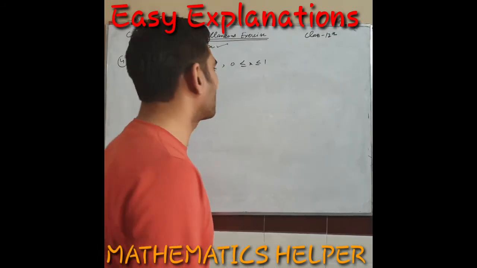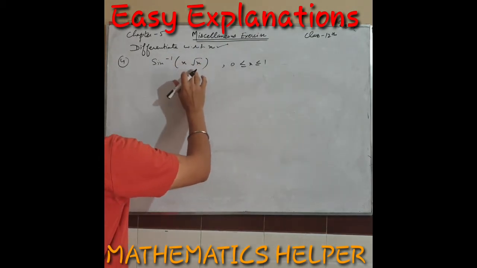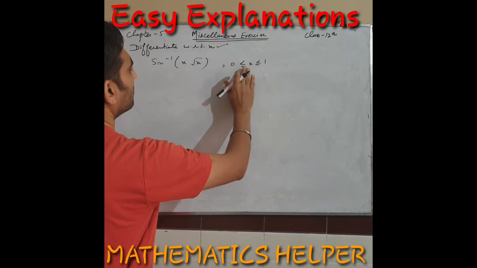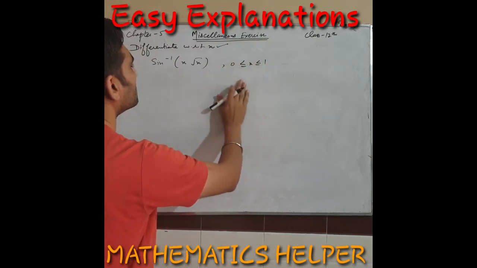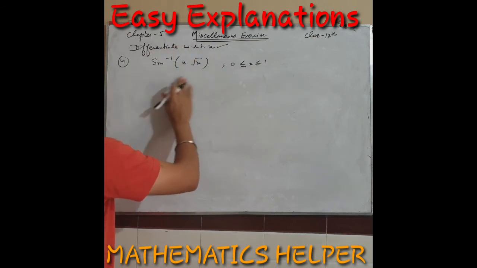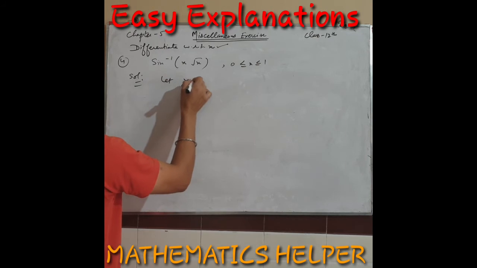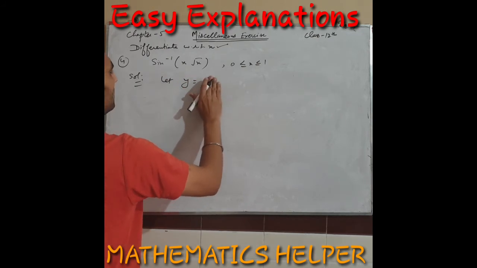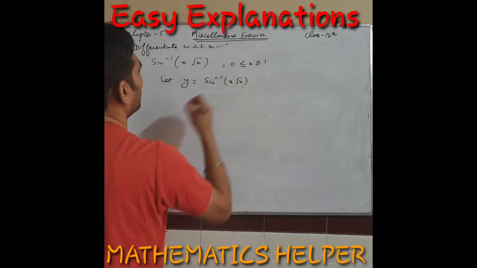In the next question, number 4, we have sine inverse of x into square root of x, with 0 less than or equal to x less than or equal to 1 given, meaning the condition is given on x only. Our main purpose is to find its derivative. Let's start its solution. Let y equal to sine inverse of x into square root x.